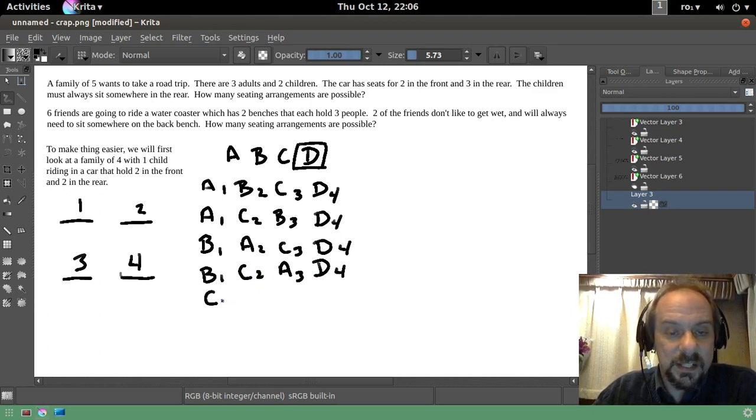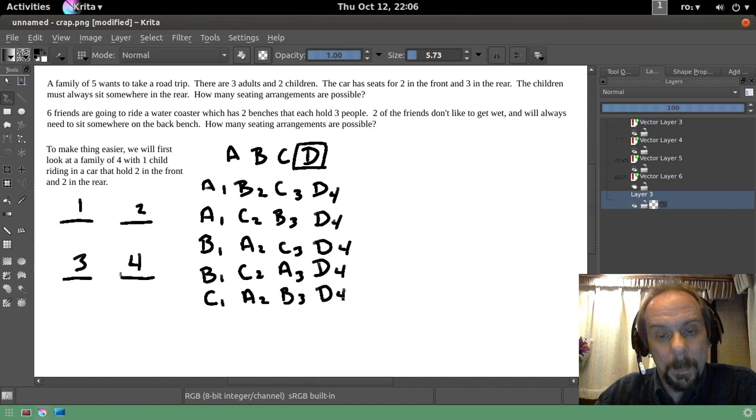So C sits in seat 1, A in seat 2, B in seat 3, and D in seat 4. Finally, we have C in seat 1, B riding shotgun in seat 2, A moving to the back seat to seat 3, and D sitting in seat 4.